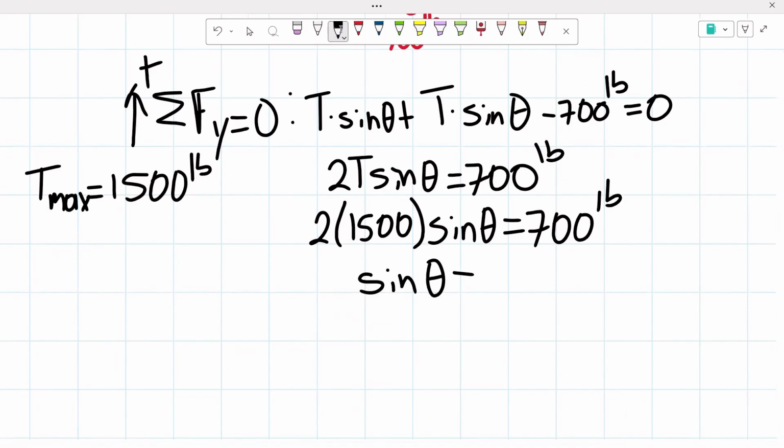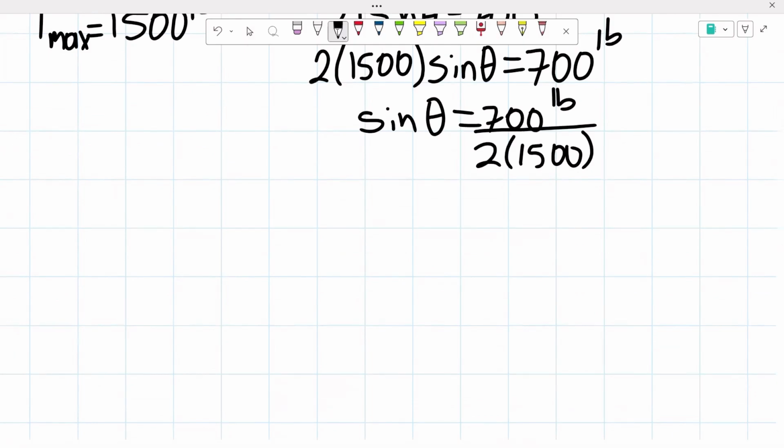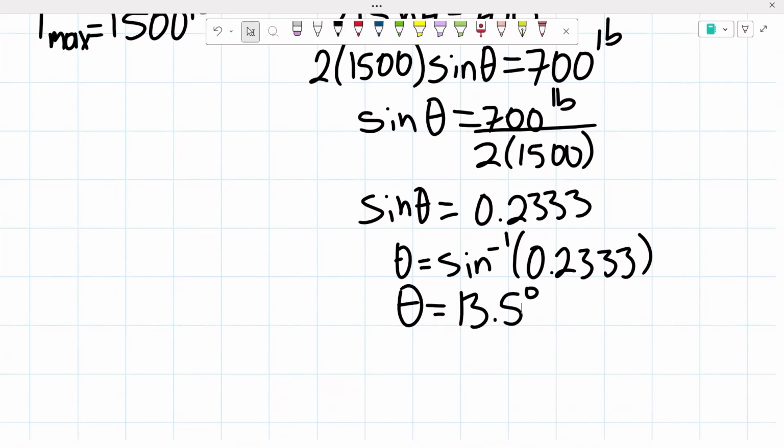So sine of theta is equal to 700 pounds over 2 times 1,500, which is 0.2333, and theta is equal to the sine inverse of that, which is 13.5 degrees. So like that, we were able to find theta.